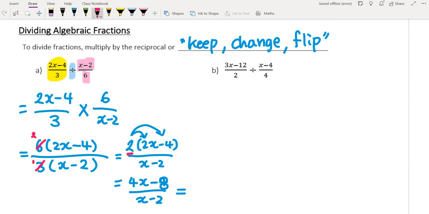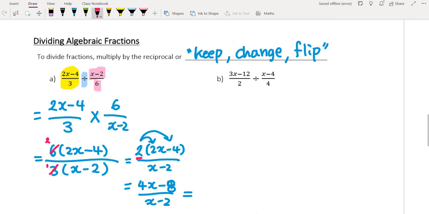So rather than having 2 at the front, it can actually be 4. So we have 4, and inside the bracket we have x minus 2. So I'm just factorizing the top, and on the bottom we have x minus 2 as well. Now, because we have x minus 2 on the top and on the bottom, you can cancel these out. They both become 1. So all we're left with is 4 times 1 over 1, which is just 4.